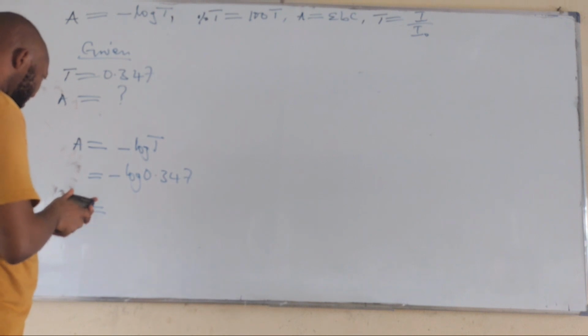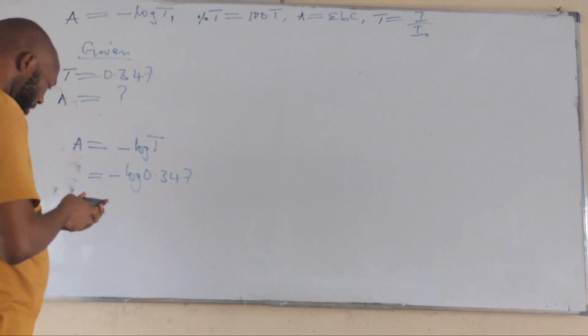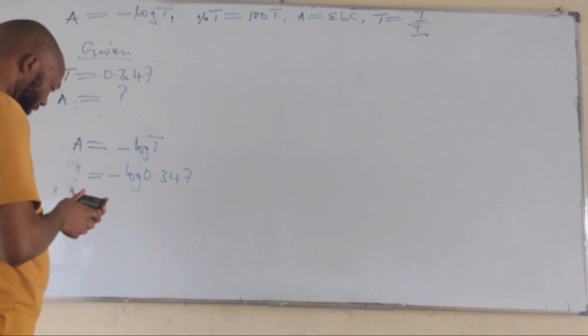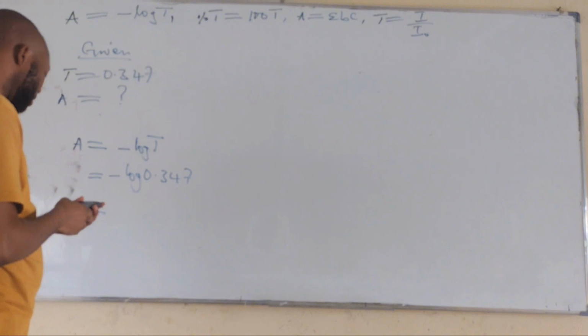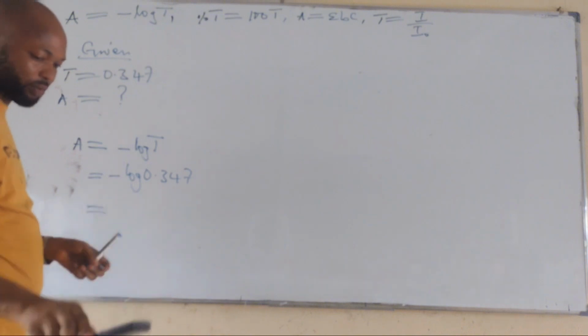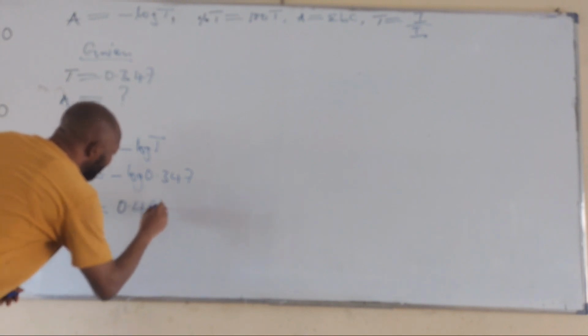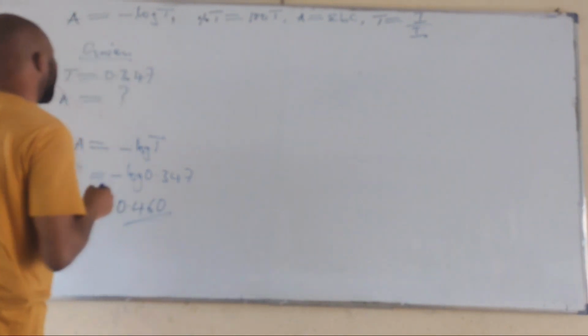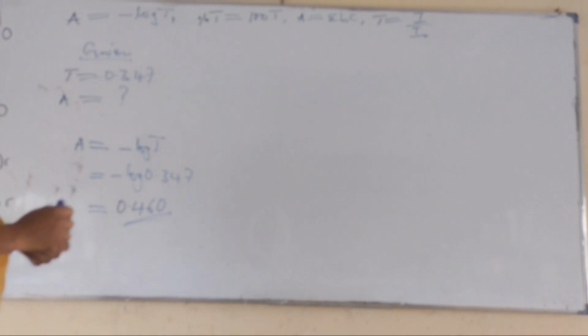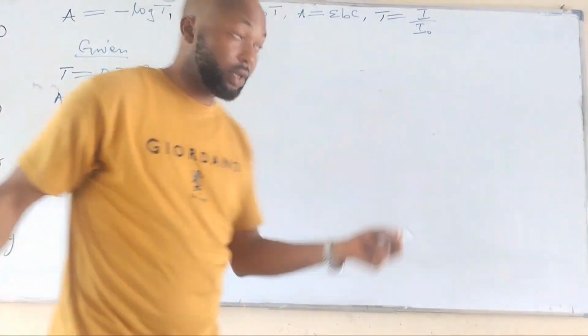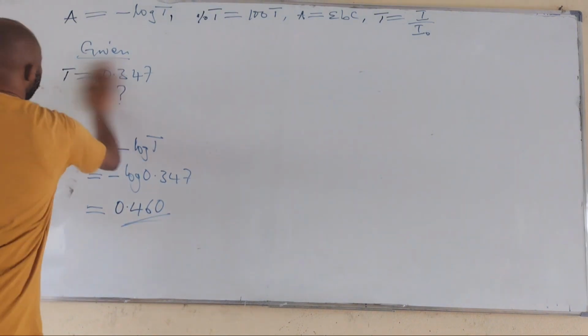Minus log 0.347 gives us 0.460. This is our absorbance in the first question. Let's take the next question. Let me clean this.